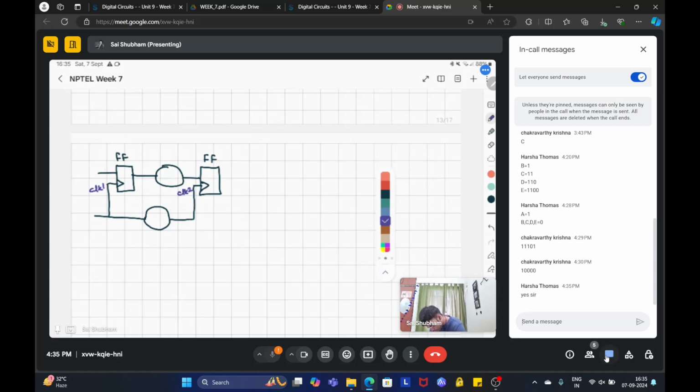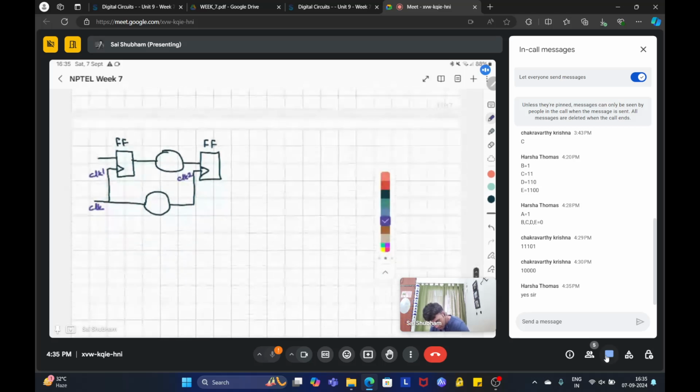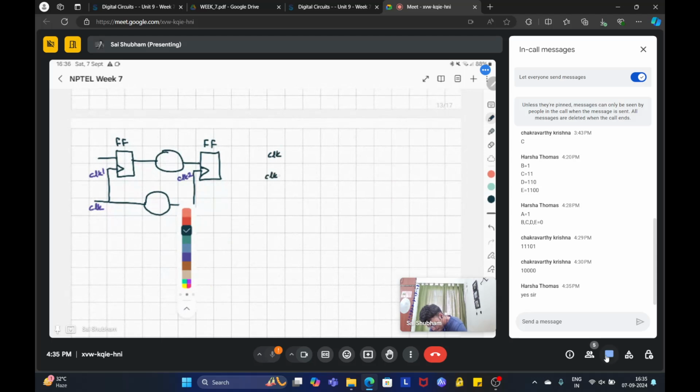This is your main clock. It will appear something like this if you make a waveform.